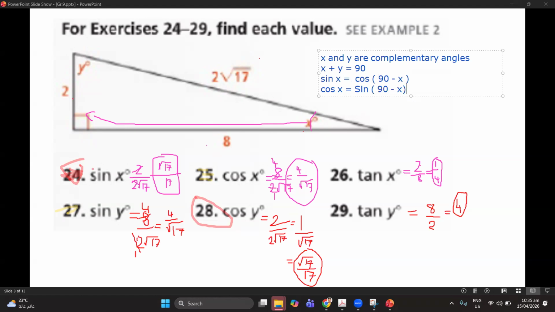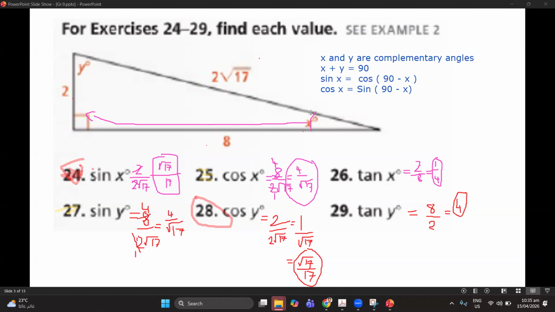Miss, how did you know they're complementary angles? Is it because they have the same final answer? Look at the triangle. If I know that this angle is 90, and the sum of all angles is 180, then the other two angles must be what? Their sum is 90. Excellent.